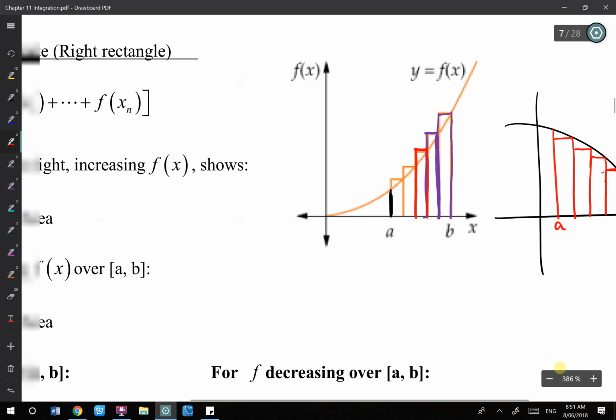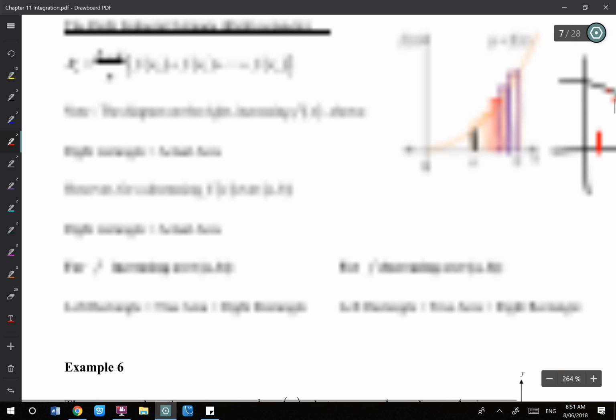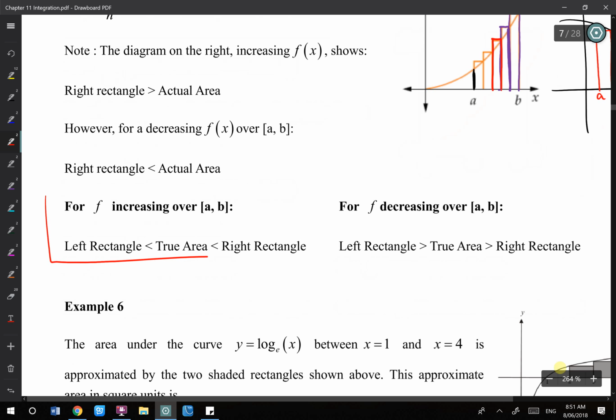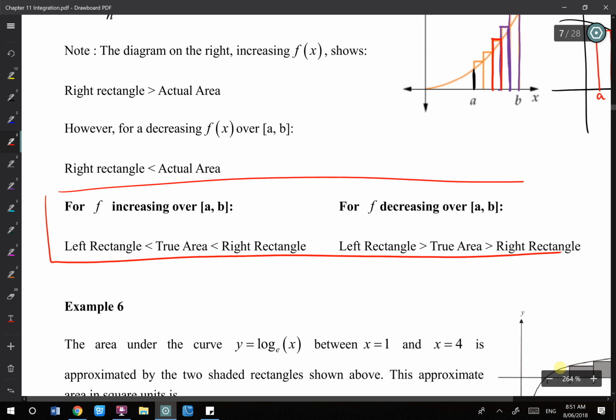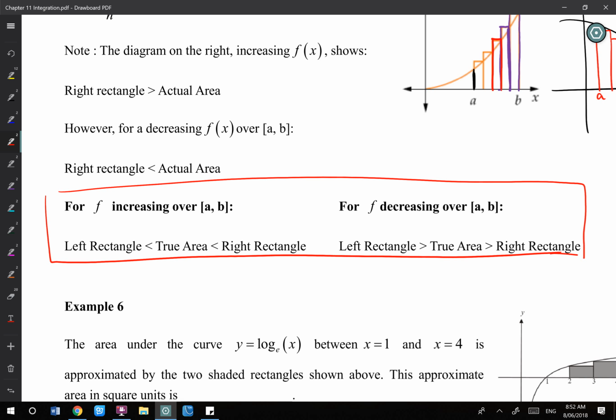So something we need to know is here. For f increasing over A to B, or f decreasing over A to B, well, it's only talking about increasing in between A and B and decreasing in between A and B. So the true area will be larger than the left-hand side rectangle and smaller than the right-hand side rectangle.